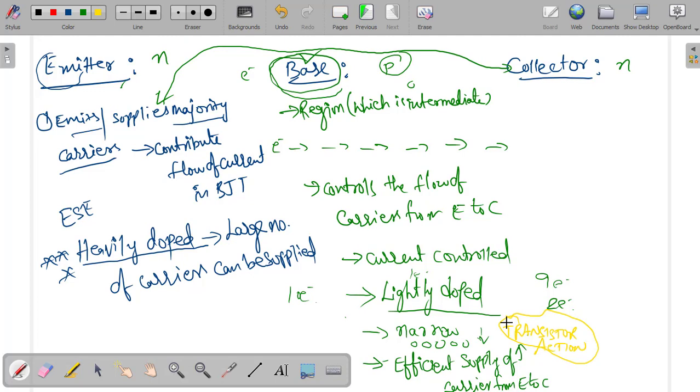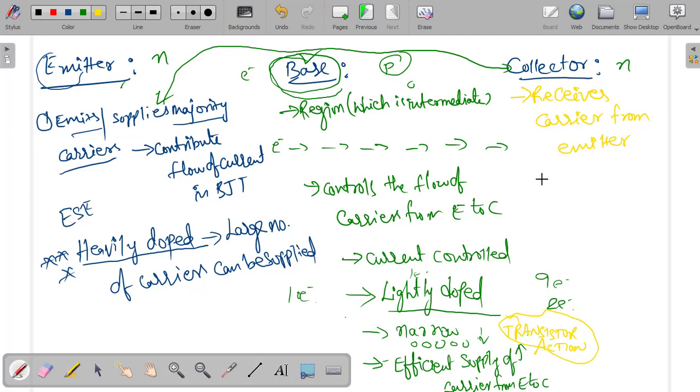Now coming to the collector. What is the property of the collector? It collects or receives the carriers coming from the emitter. So what is the purpose of the collector? It is just like a collector: it receives the carriers from the emitter.